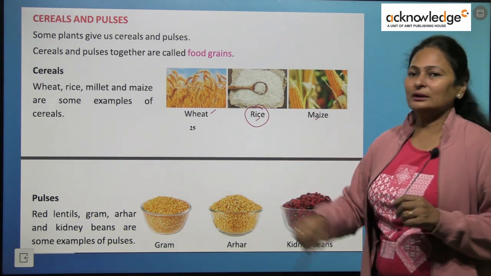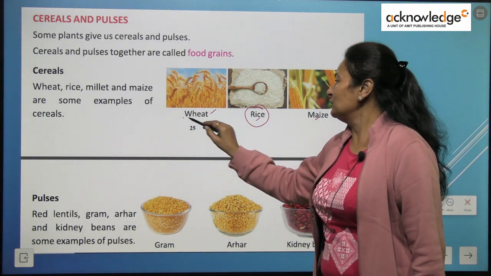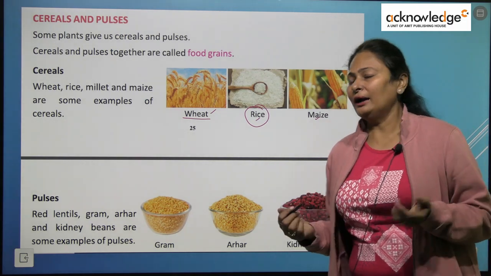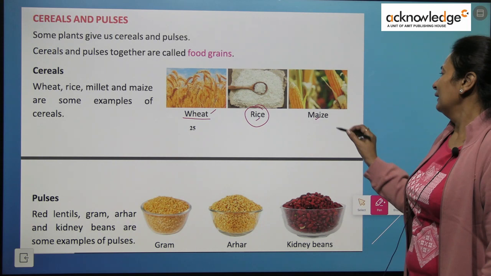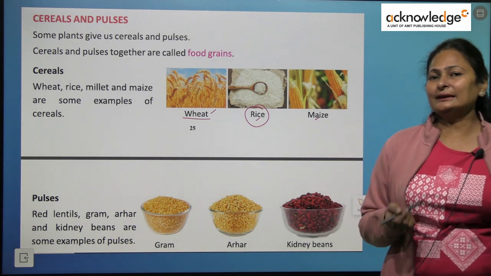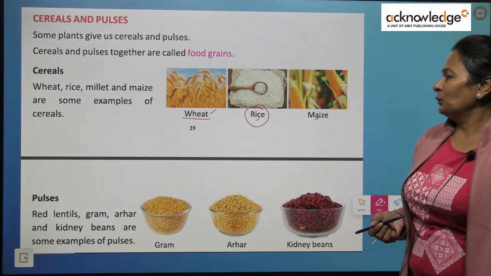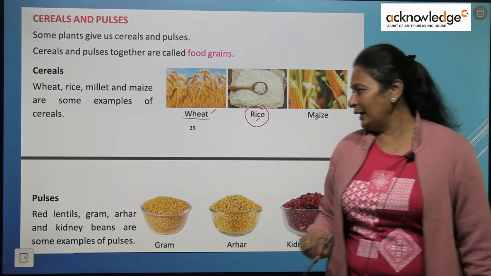We cook the rice first and then we eat it. Wheat, we need to grind this first. We make flour out of it and then we make chapatis. Maize also, we can grind it and use it, right? So, cereals also we get from plants.